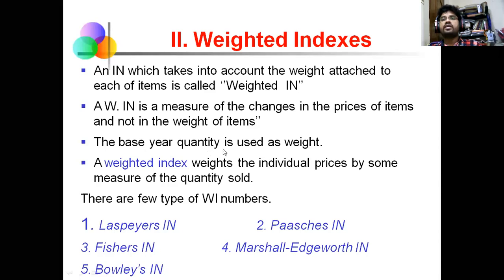And the base year quantity is used as weight. As I told you, what is weight here? Base year quantity is used as weight. And sometimes we use the base year quantity or the current year quantity as a weight. The weighted index weights the individual prices by some measure of the quantity sold. Quantity sold is nothing but how much quantity the person has consumed and how much he paid for the particular commodity.